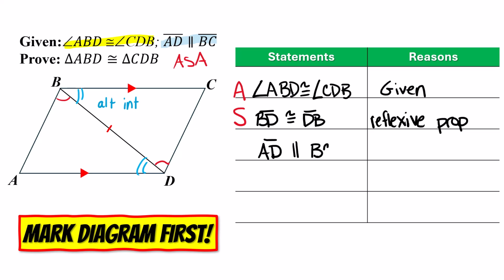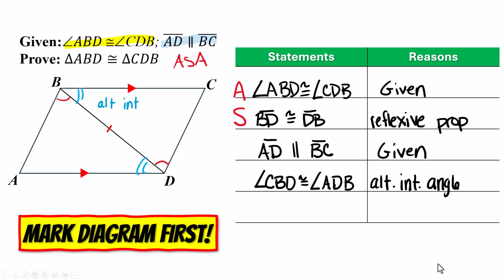Well, we can't go right at the angle yet because it's those alternate interior. The first thing we have to do is talk about this being parallel. This is one of those situations where I'm not going to always start with this given. I didn't do that first because I didn't need it until right now, because now I'm going to say that those two angles are congruent, and the reason is alternate interior angles.